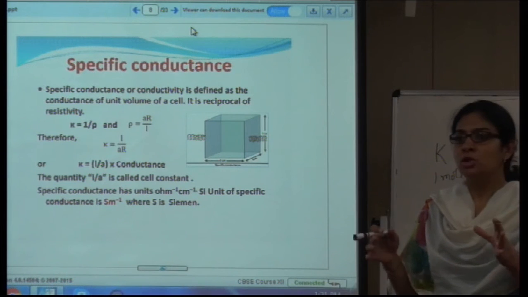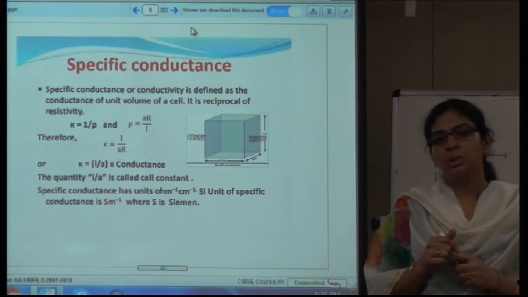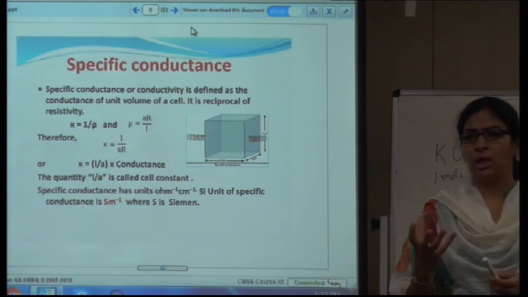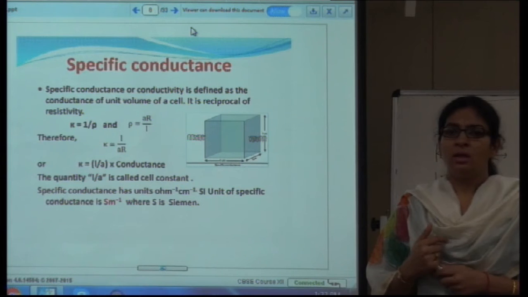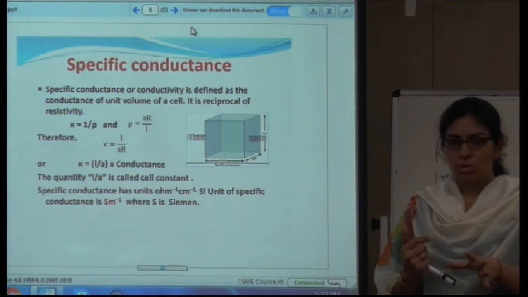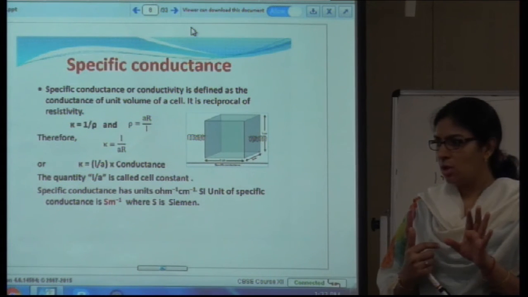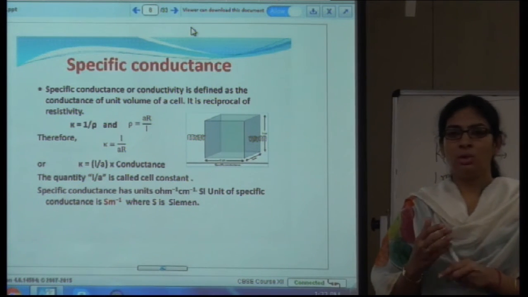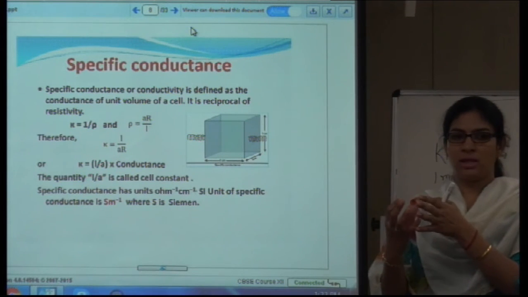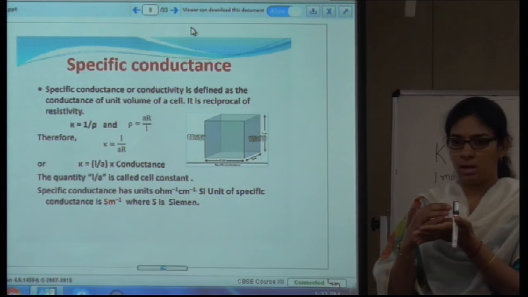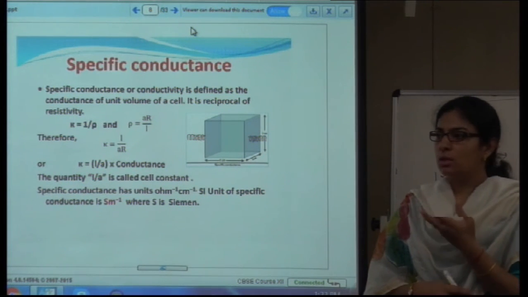Basically, let me tell you one thing: when we talk about electrolytic solutions and conduction by electrolytes, we are mainly dealing with solutions or molten state. So we are not talking about wires. Instead of defining it in terms of cross-sectional area 1 and length 1, we define it in terms of volume.